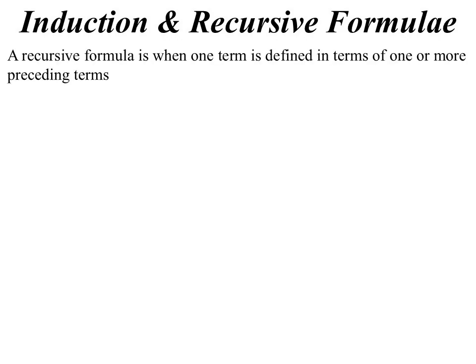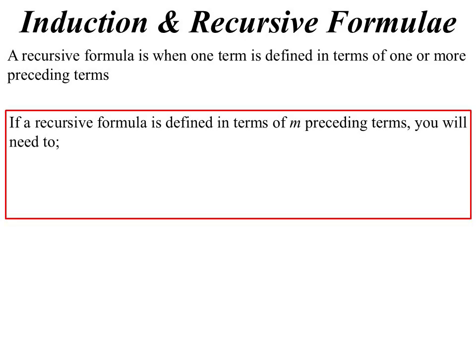The next type of induction problems involve recursive formulas. Remember, they were the ones where we could write our series in terms of previous terms and things like that. Now, if your recursive formula is defined in terms of m preceding terms, because it might not just be one term, it might be a combination of several terms before, then we're going to need to prove it true for the first m terms.